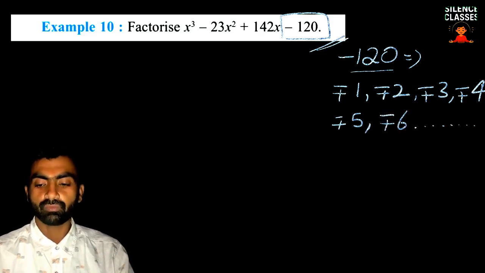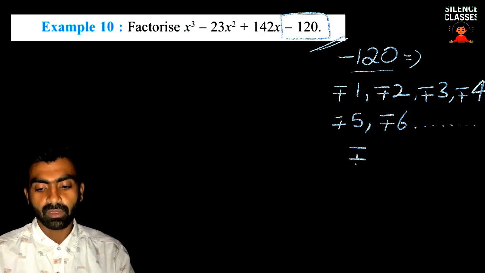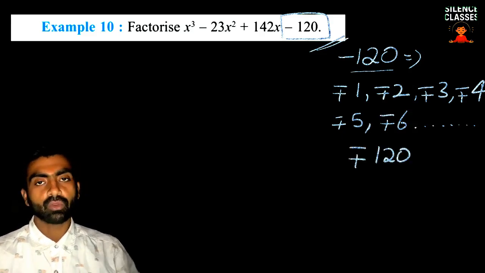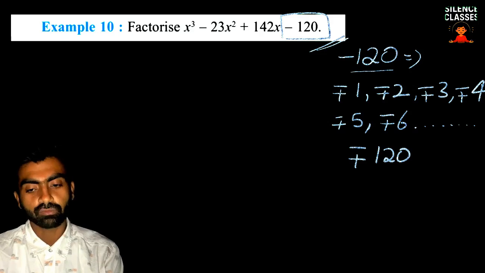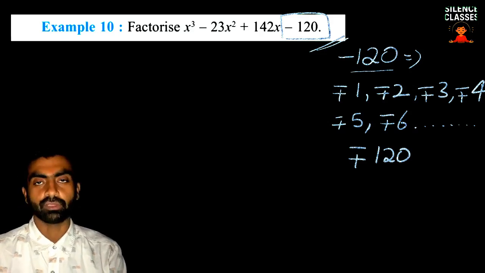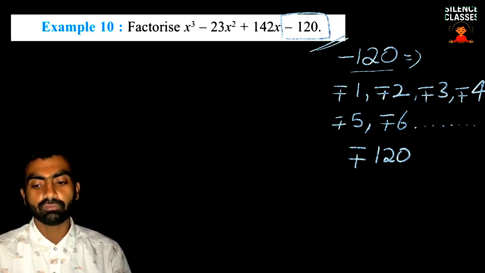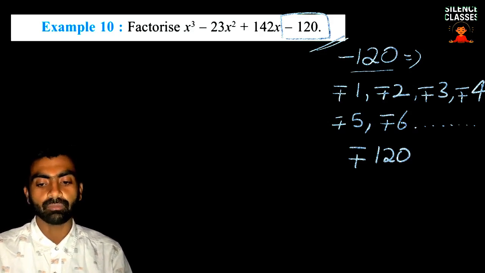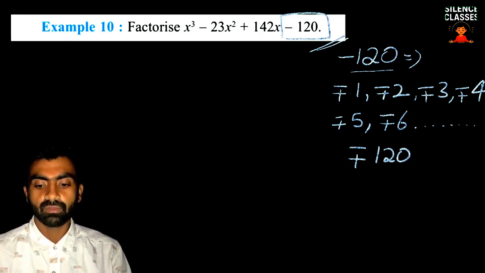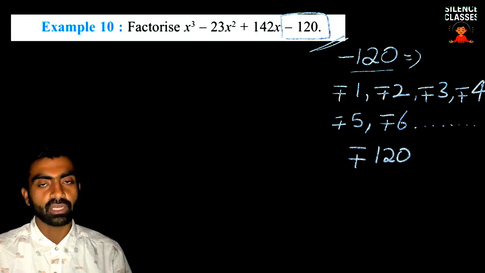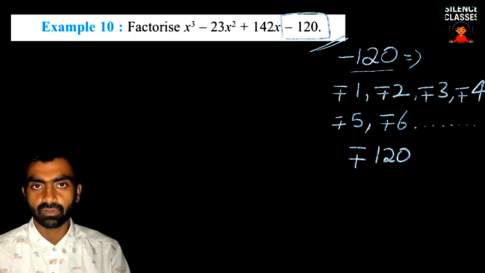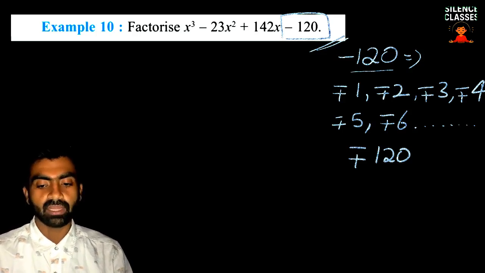It will move further to plus minus 120, because by minus 1 it is also divisible, and by plus 1 it is also divisible. By 2 is also divisible, by 3 as well. The highest number is 120, because after 120 there is no number which can divide 120. So we will move like this.